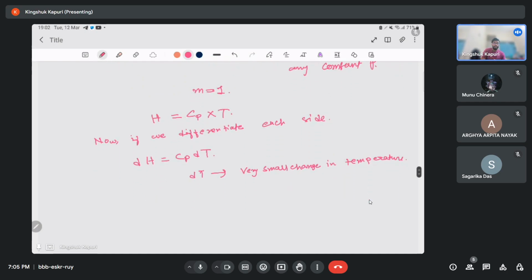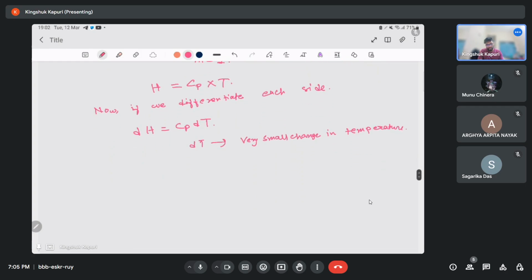Now here Cp is related to temperature, which can be estimated by an equation called the Mayer-Kelly equation. So it's nothing to worry about, this Cp is our specific heat, right?